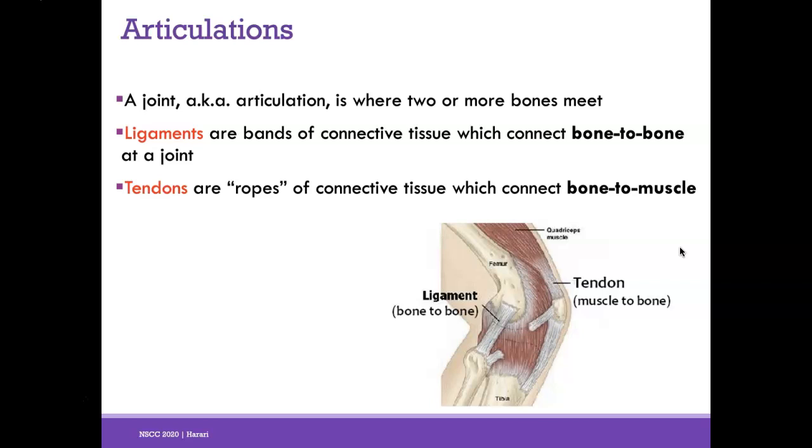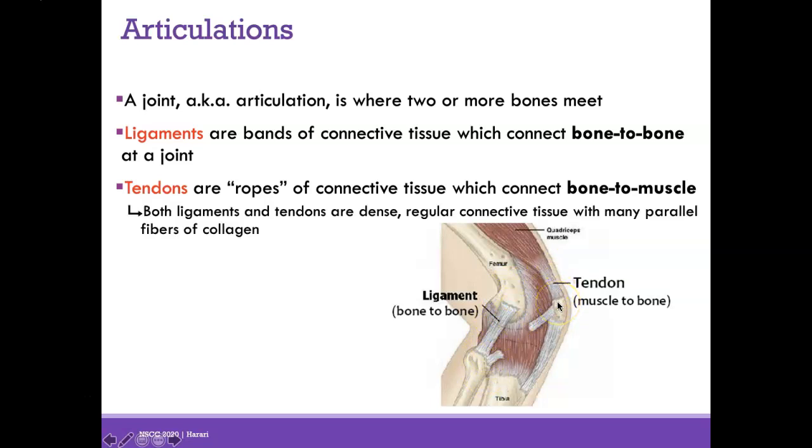Tendons are also made up of the same type of connective tissue, but tendons connect bone to muscle. In this image, you can see a ligament connecting bone to bone, and here is a tendon because it's connecting muscle to bone. These are dense, regular connective tissue, right?